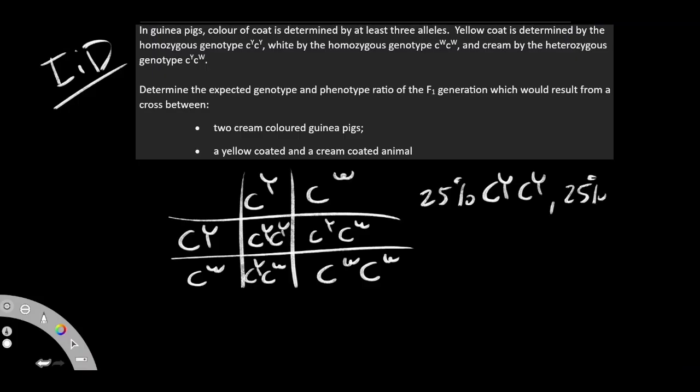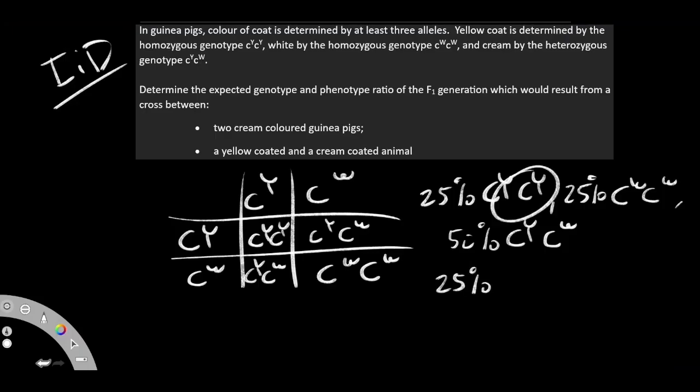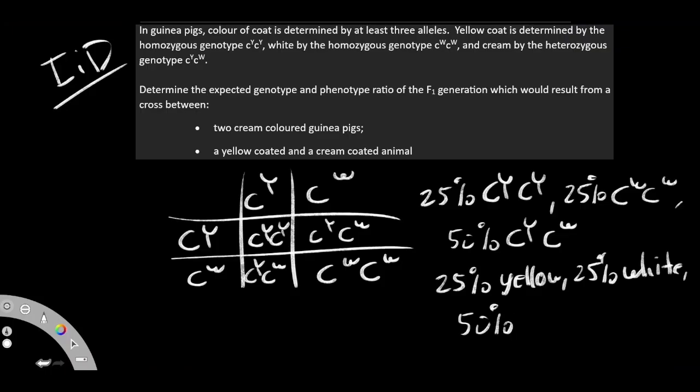The chance of getting a CWCW is also 25%. And the chance of getting CYCW is 50%, or phenotypically, 25% is the yellow coat, the other 25% is the white coat, and the last 50% is going to be the cream color coat.